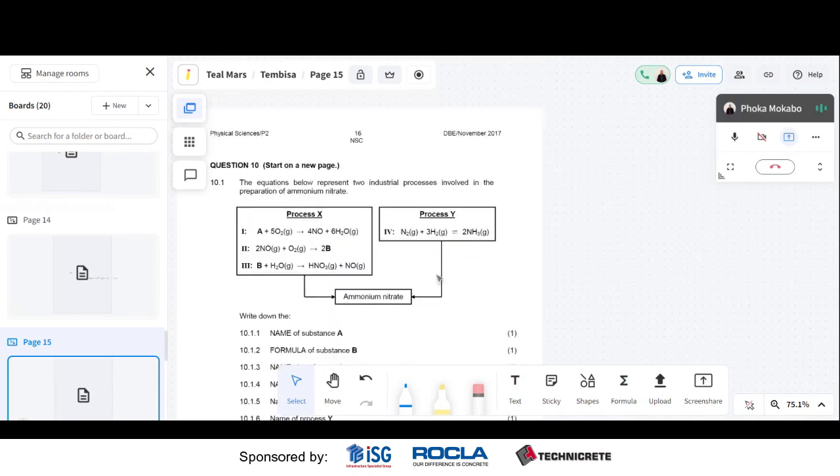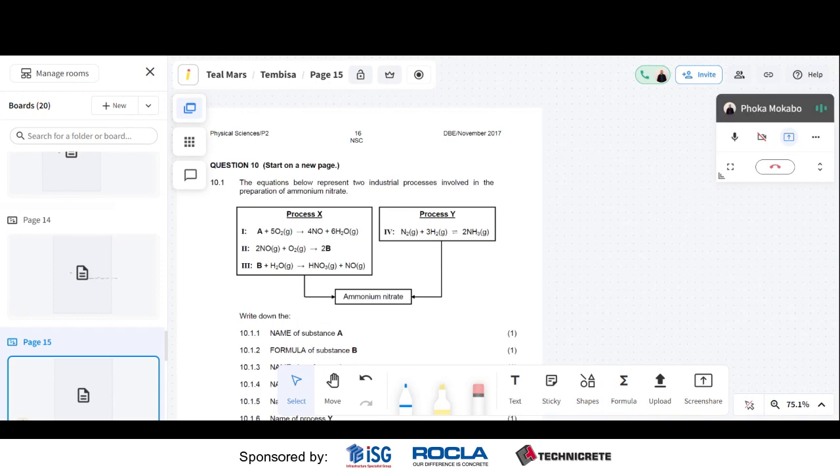Question 10. Now, like I said, question 10 is on processes and is normally the last question of the paper. So after this, we will have no other questions to do and we'll be done with the 2017 paper. Let's tackle it. They say the equations below represent two industrial processes involved in the preparation of ammonium nitrate.